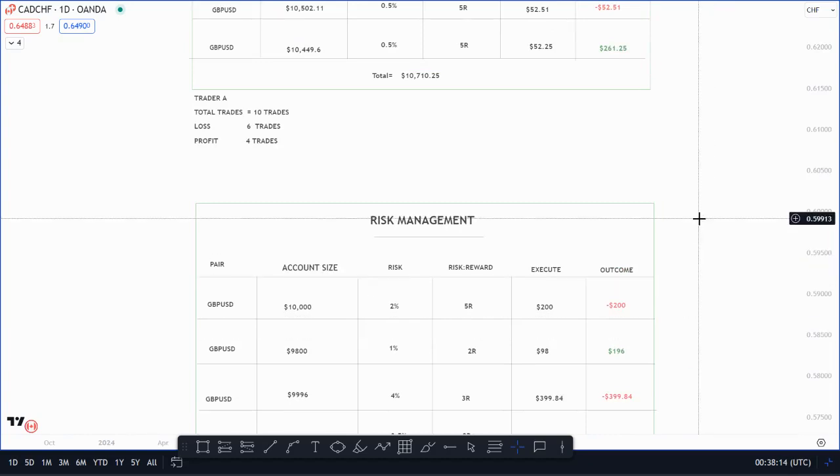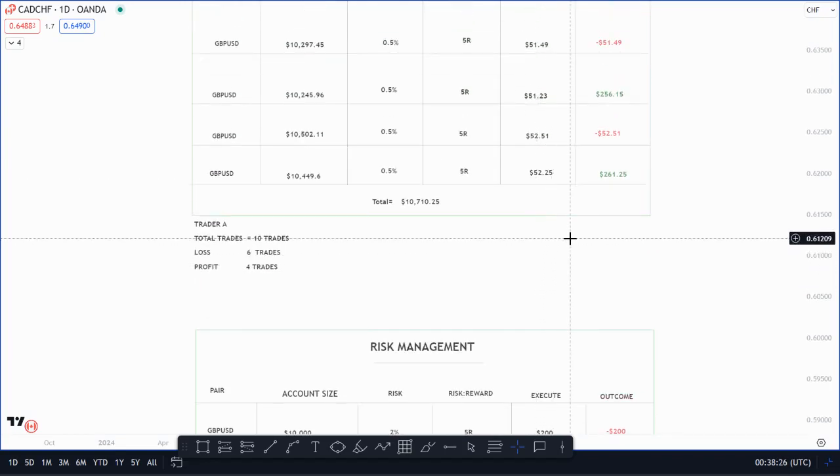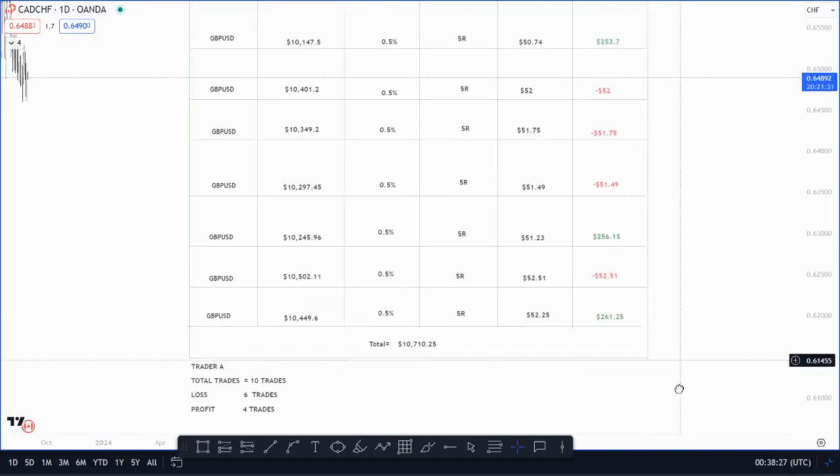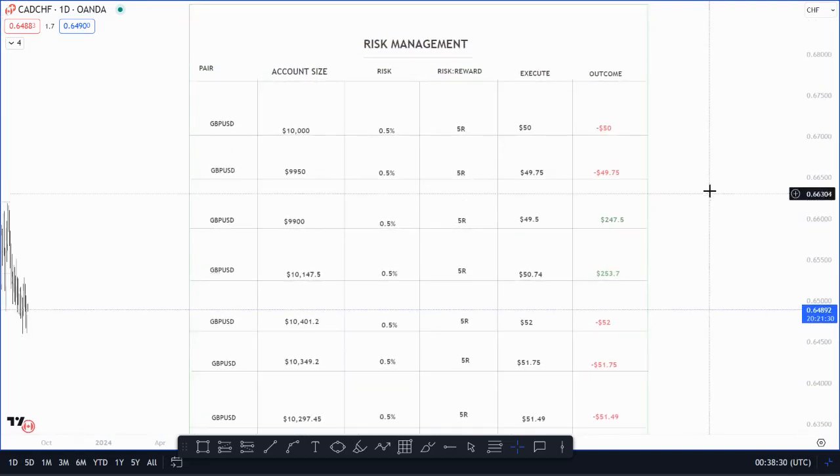Then that brings us to how to calculate the lot size to use in a trade and how to have valid risk management. Now let's use Trader A's concept.